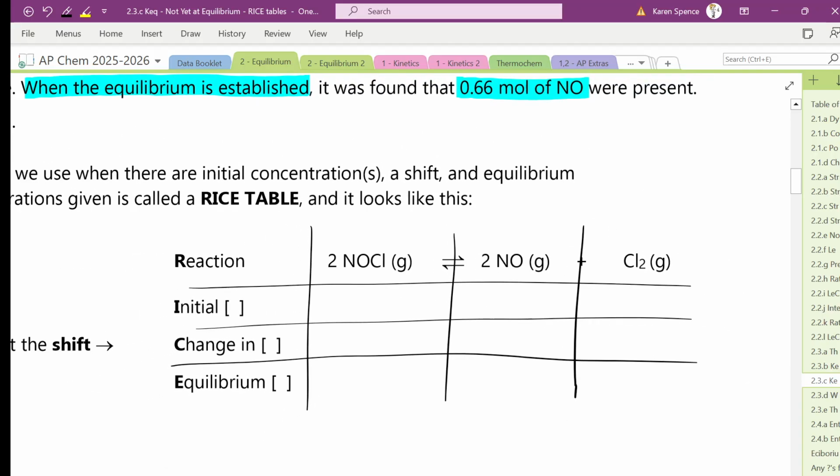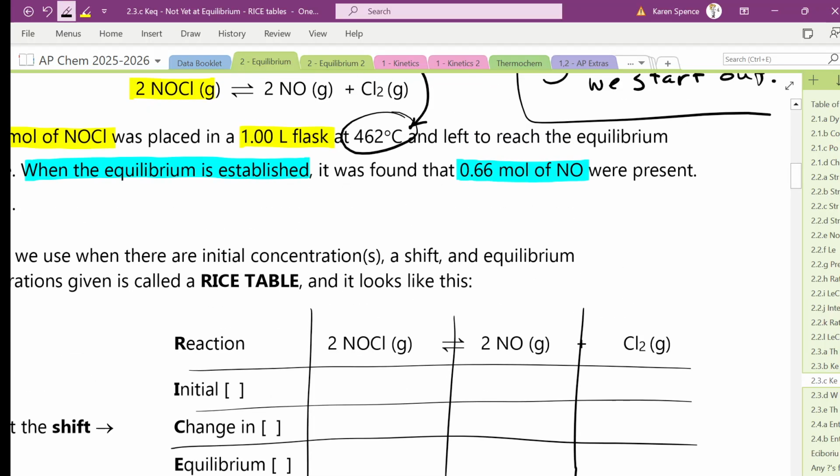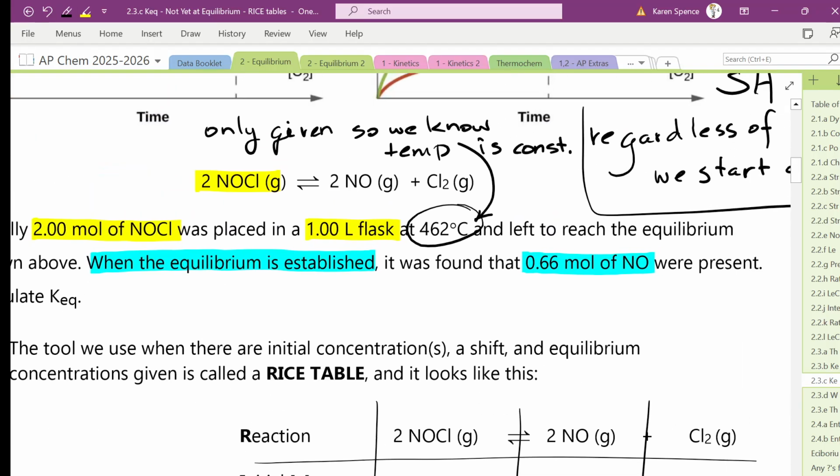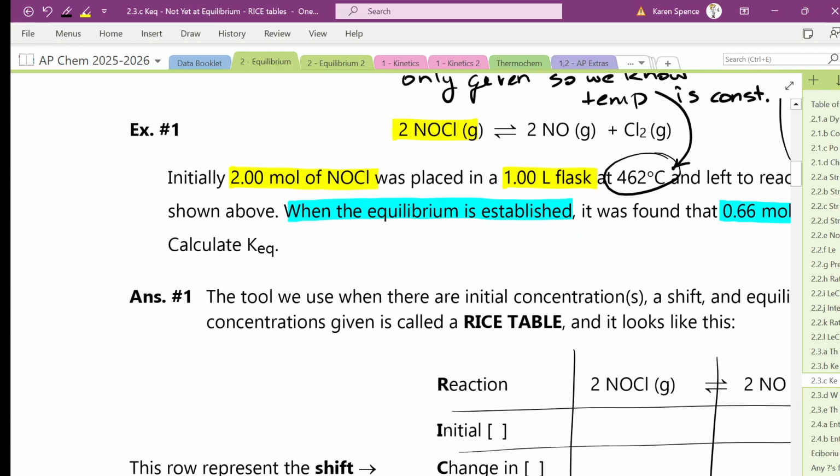Then this just becomes like a little, let's plug things in from the question and then solve the little puzzle box. It's almost like, you know, one of those Sudokus or whatever where you fill in the things based on what else you have. So we have initially, ooh, look, initially. So 2 moles of NOCl in a 1 liter flask.